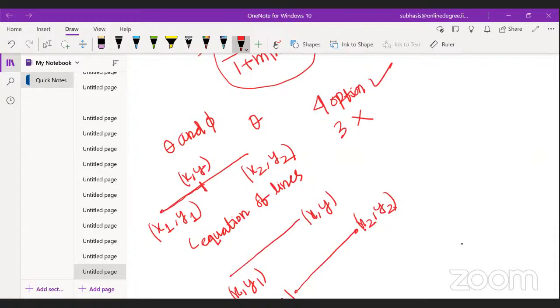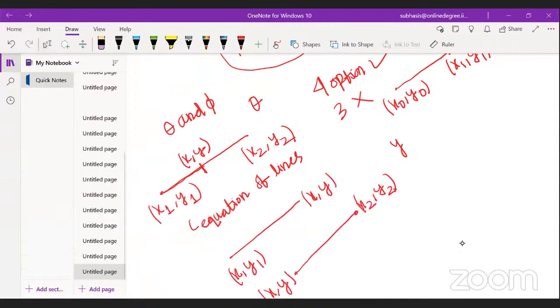Yeah, I got your point, why you are confused with option 2. Basically, if you have a line which passes through the points x0, y0 and x1, y1, then the slope is basically y1 minus y0 upon x1 minus x0.